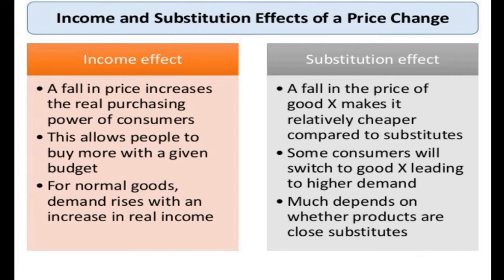For example, suppose when the price of apple per kg was 10 rupees, by spending 100 rupees, a consumer could purchase 10 units of apple or 10 kg of apple. But when the price declines from 10 rupees to 5 rupees, by spending 100 rupees, the consumer could purchase 20 units or 20 kg of apple.